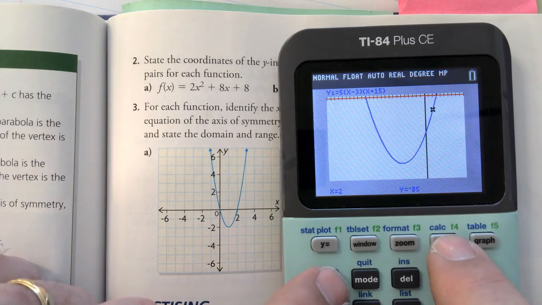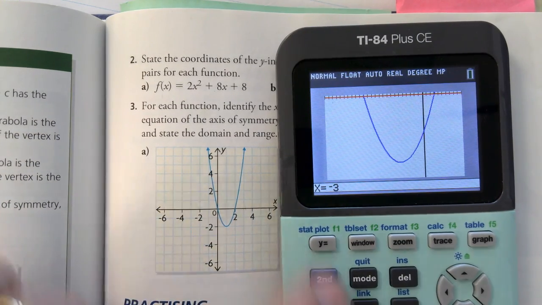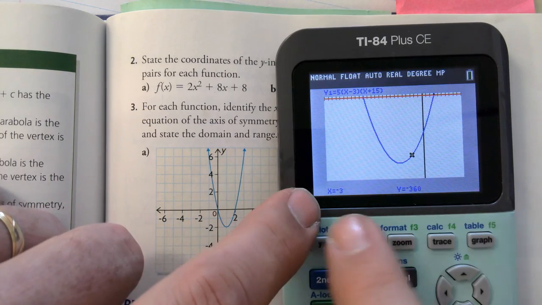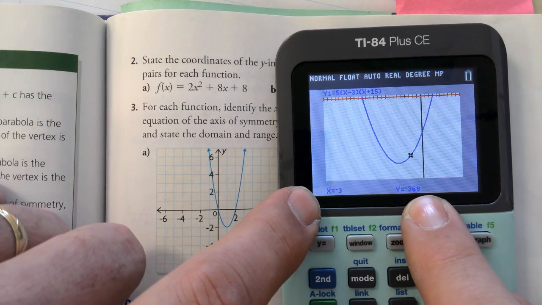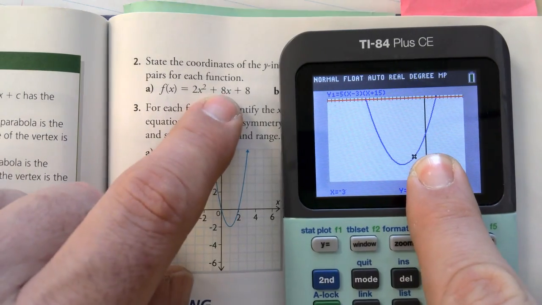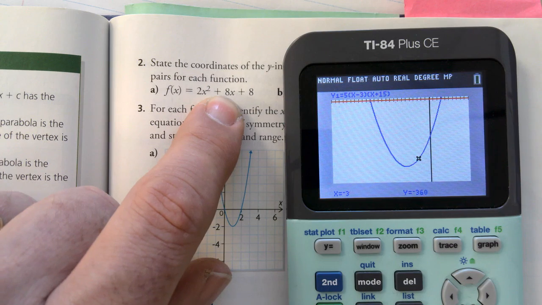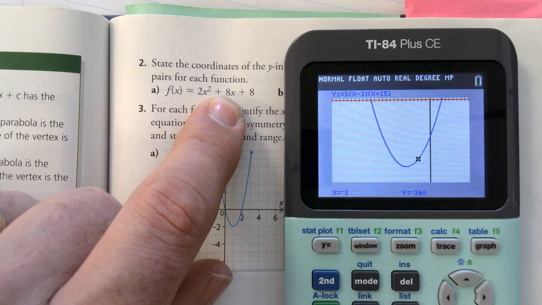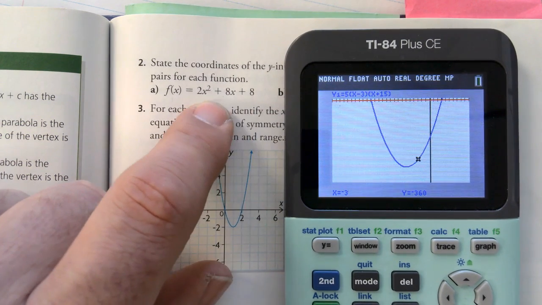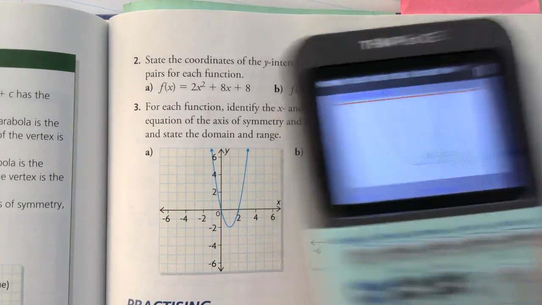Hey, I want more. Okay, second trace value, -3. You just found the point (-3, -360). Using your calculator, it's actually very easy to do. Just type that in and then use second trace 1 to find any value. Feed it any x value and it will give you a y value in return.